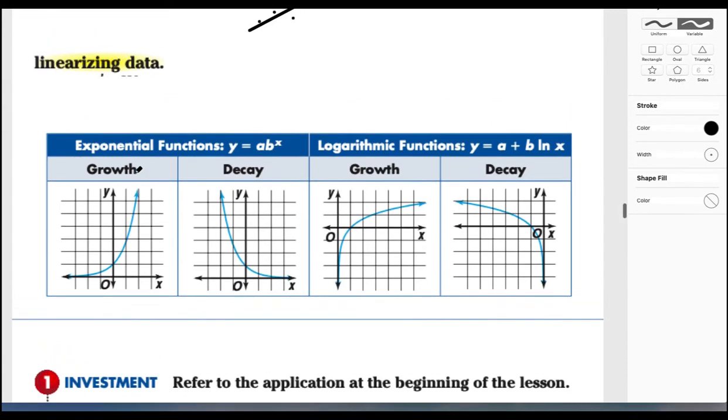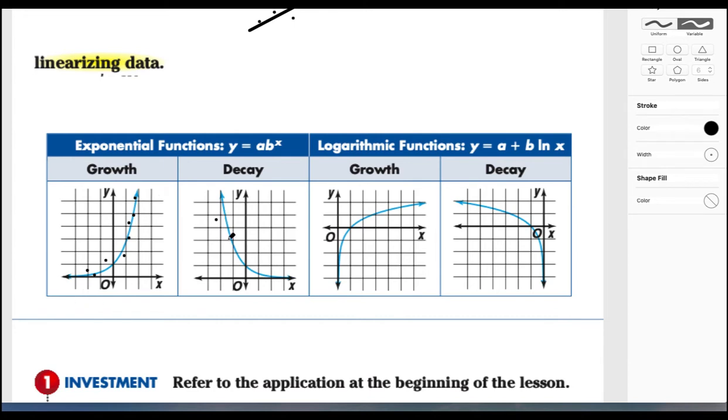Now, when we're modeling functions, we'll be given some data, and we have to see how the data fits along a particular path and see if we can figure out what the fit is. So let's say we had data that sprinkles like this. We could say, oh, that looks like an exponential growth function.